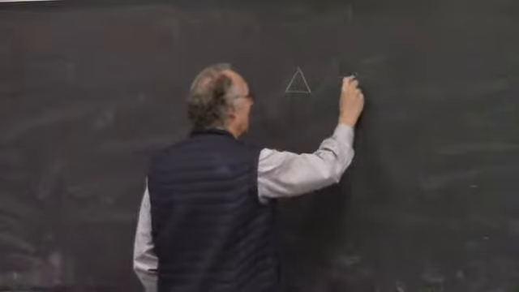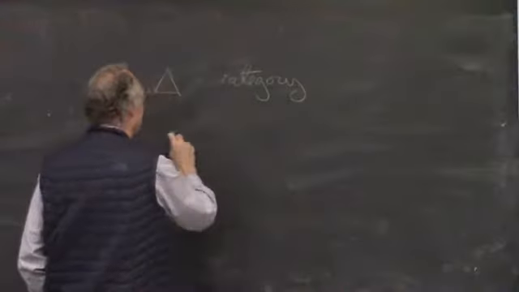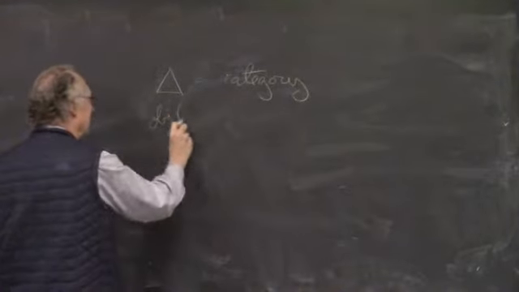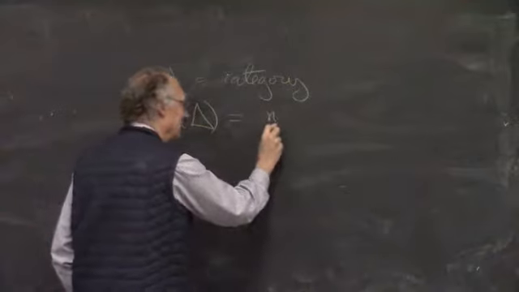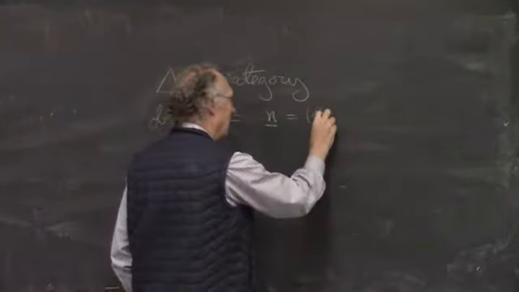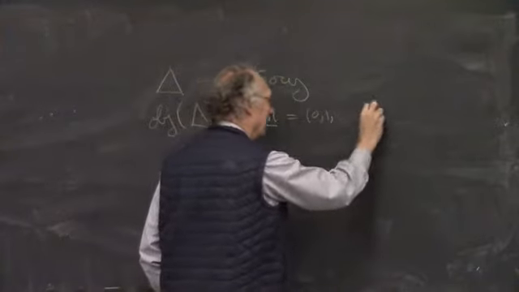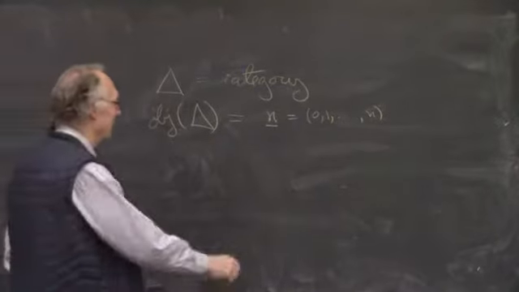So this is a category. Its objects are ordered sets. N, which is the ordered set 0, 1, ..., N. So those are the objects, one for each non-negative integer.